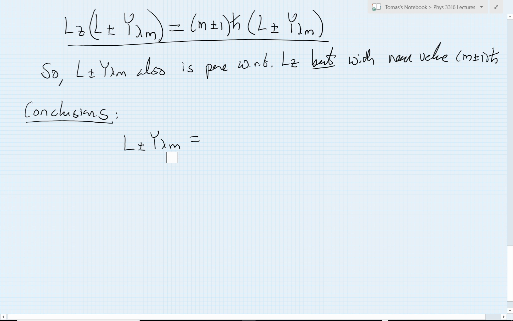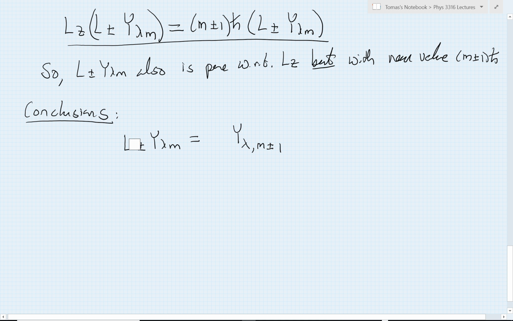But the Y_lM's, or these Y lambda M's, are by their very definition those pure states. They are what we call those corresponding pure states. Therefore, this L plus minus Y lambda M must be equal to the pure state, which we've called Y, that has a lambda value lambda, but it must be a different pure state, of course, with M either plus 1 or minus 1.